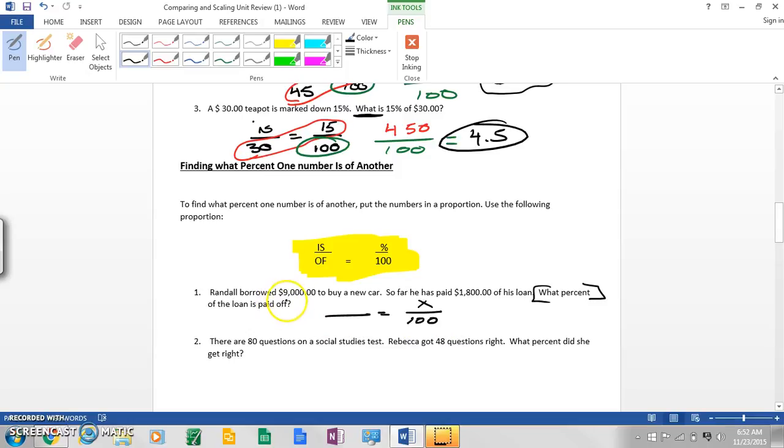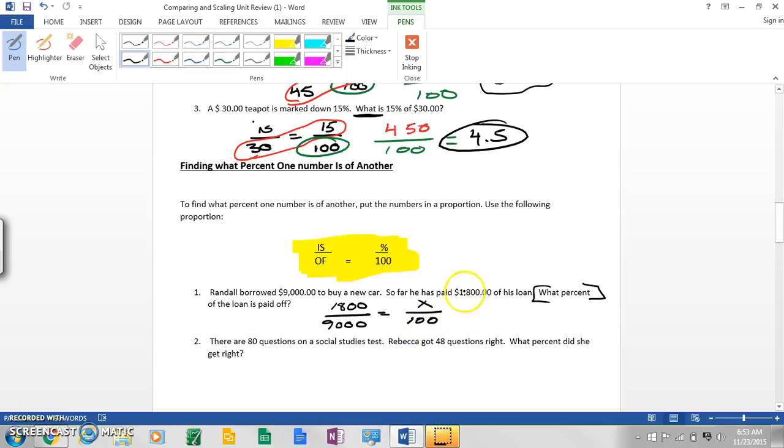If he borrowed $9,000, we know that would go in the denominator, because that is the largest amount. So far he's paid $1,800 of this 9,000. The of is going down here in the denominator.